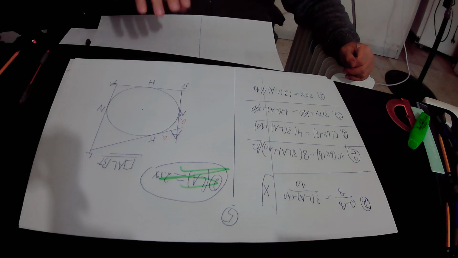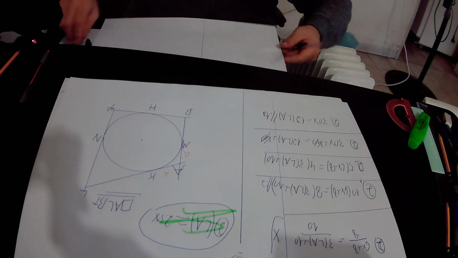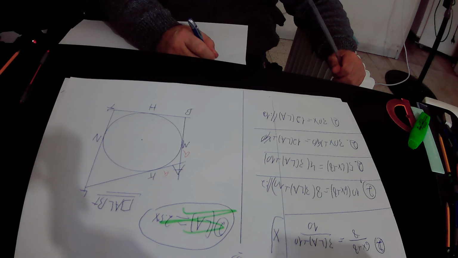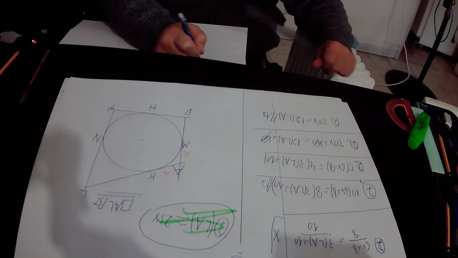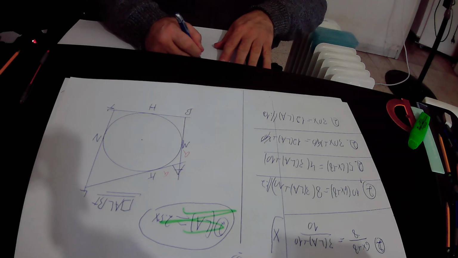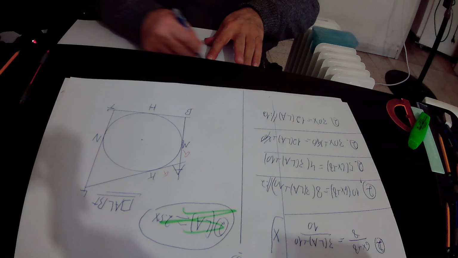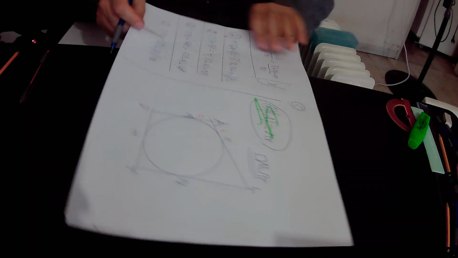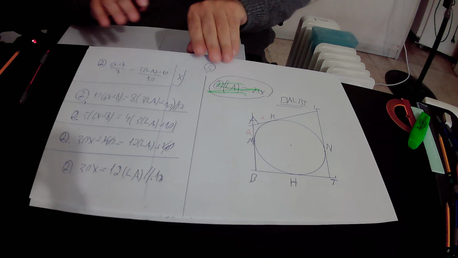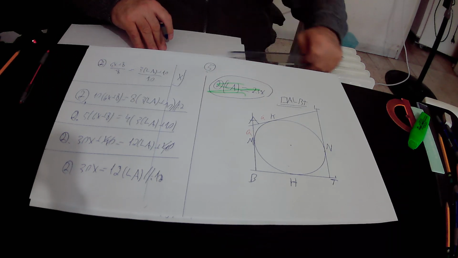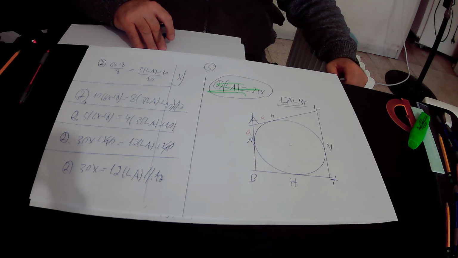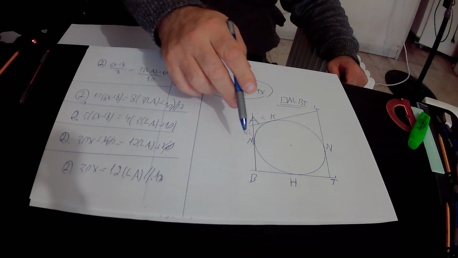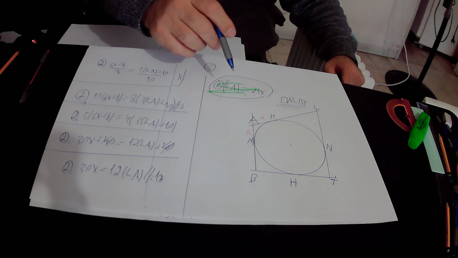In the next step, we will focus on the common external point, point B. From point B, we have two tangents to this circle, tangent BN and tangent BH, and according to rule number 2, they are equal to each other.